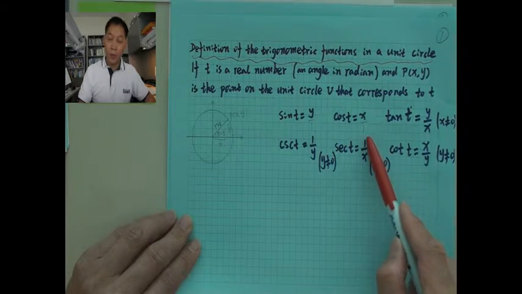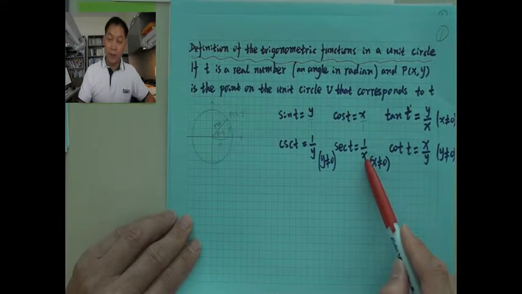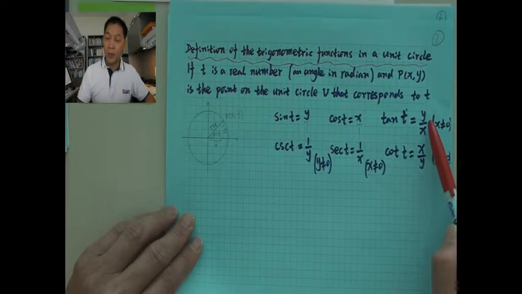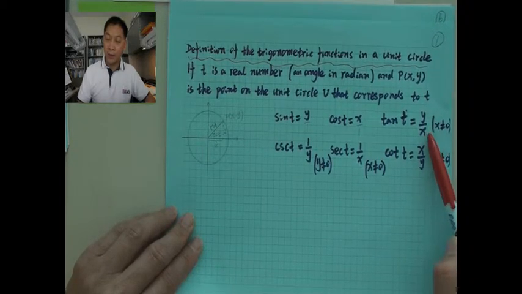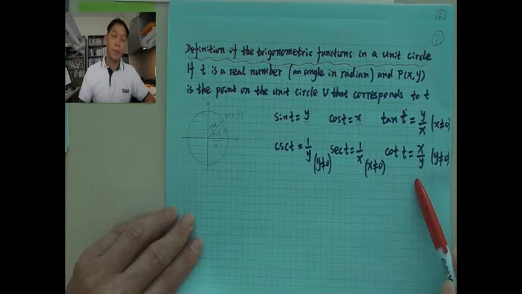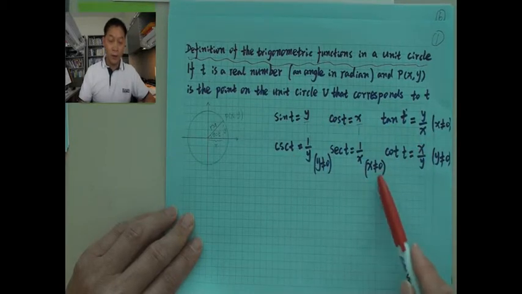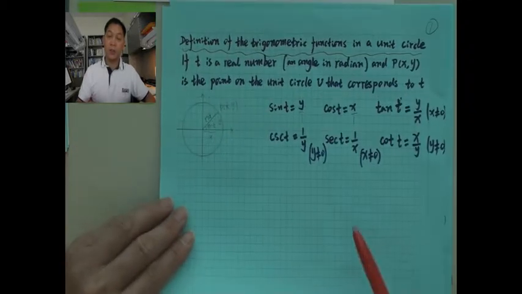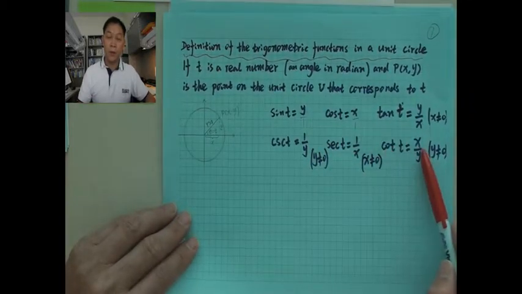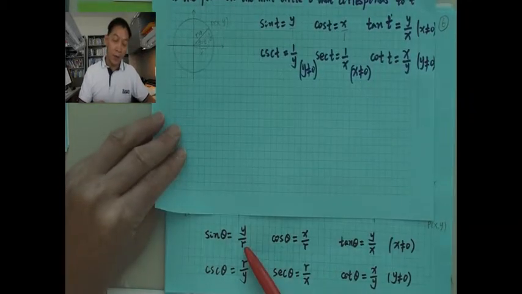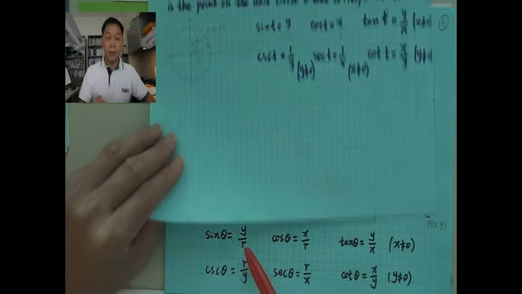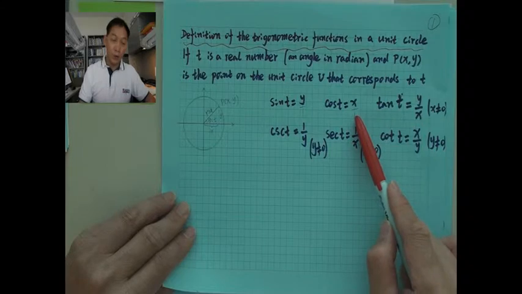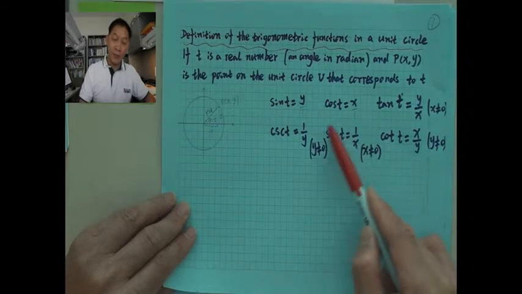X over 1 comes to be 1 over x for secant t. And cotangent is x over y. Those definitions are all consistent. The only difference is that there r may not be 1, but here r is 1. R being 1 makes our life easier, because we don't have denominators.